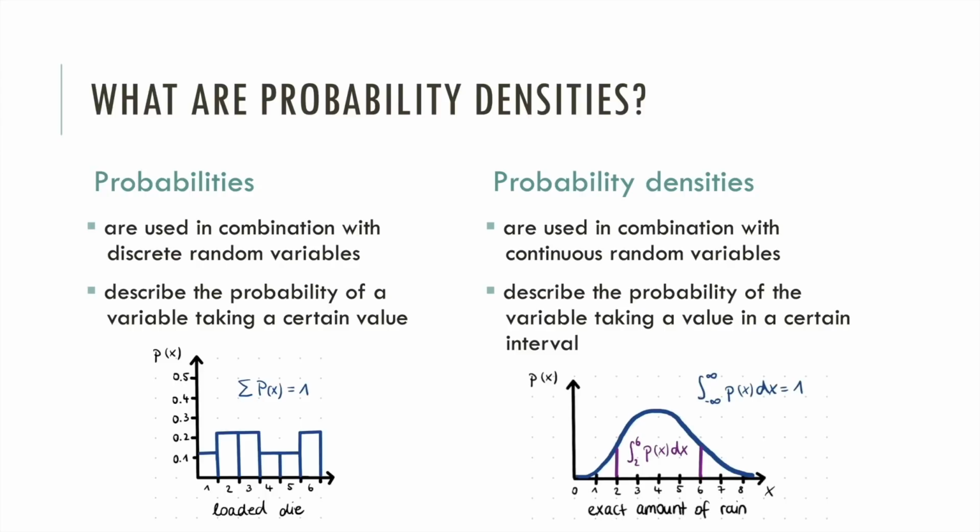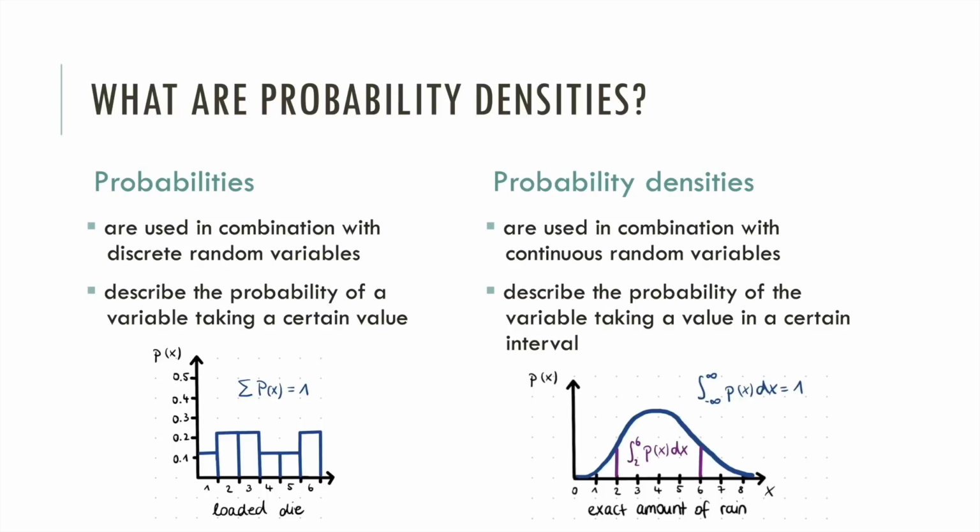So this calculates the probability of the rainfall being between 2 and 6 centimeters. We cannot calculate the probability of one given event in this continuous graph because the probability, let's say, of the rainfall being exactly 2 centimeters is 0.